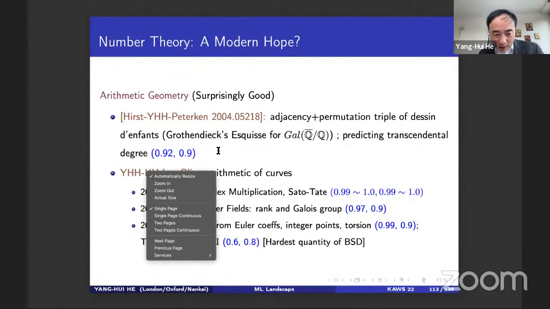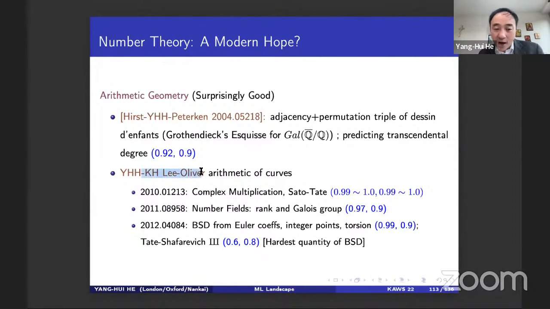And then I started working with two card-carrying number theorists, as Philip Candelas would call them, and they taught me exactly the kind of experiments to check, which is fairly sophisticated stuff, all the way up to the Birch-Swinnerton-Dyer conjecture. And we were able to learn all of the quantities of BSD to very high precision, except what is commonly considered the hardest quantity of BSD, which is called the Tate-Shafarevich group.